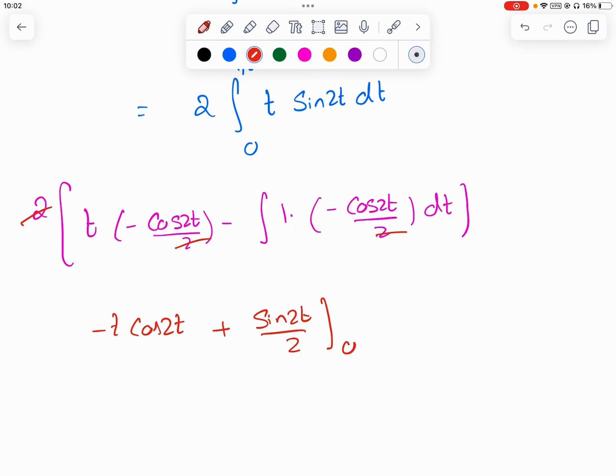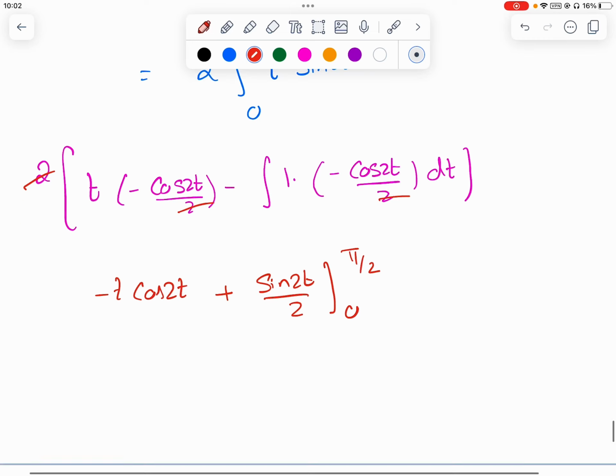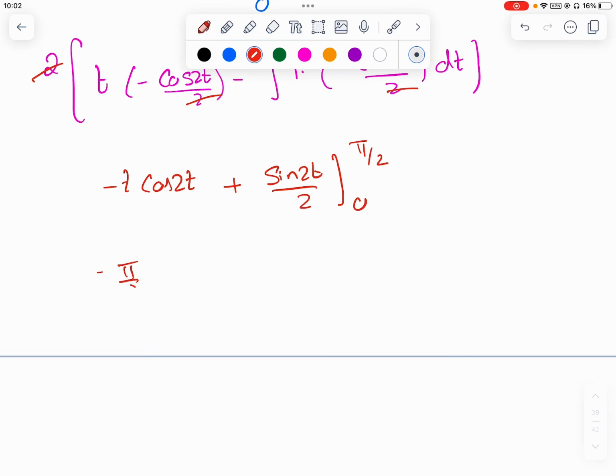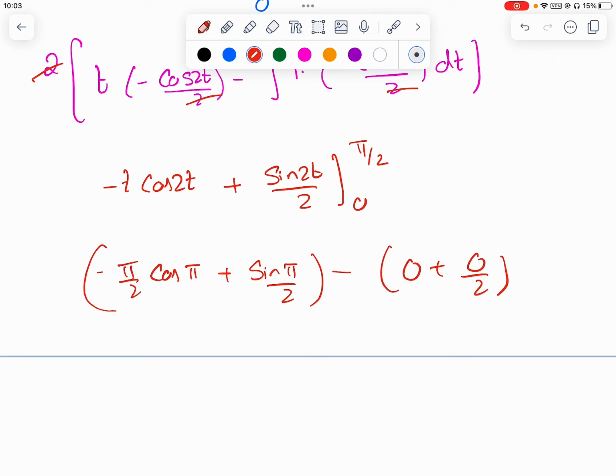Now the limits are 0 to pi by 2. Plug in pi by 2: negative pi/2 cos pi plus sin pi/2, minus 0 plus sin 0 by 2. So it's going to be minus pi/2 times cos pi, which is minus 1, and sin pi is 0. So the answer is going to be pi upon 2.